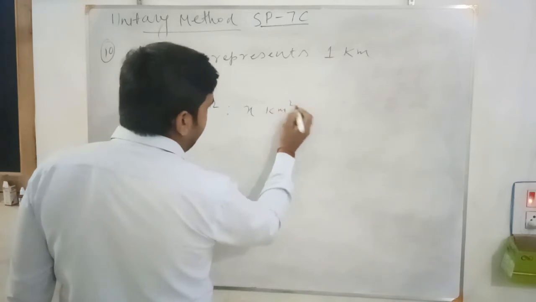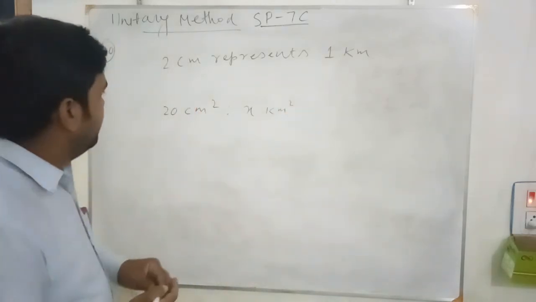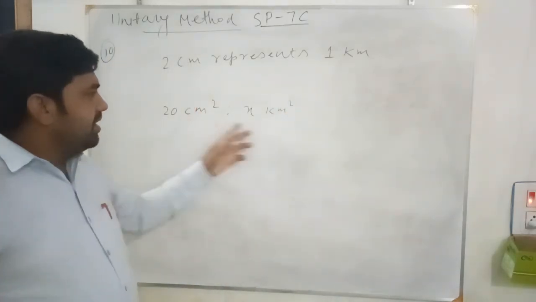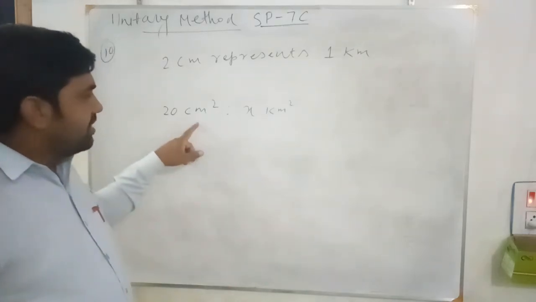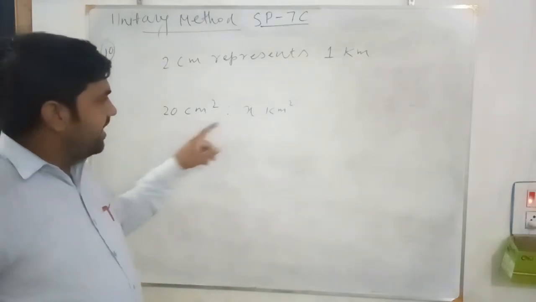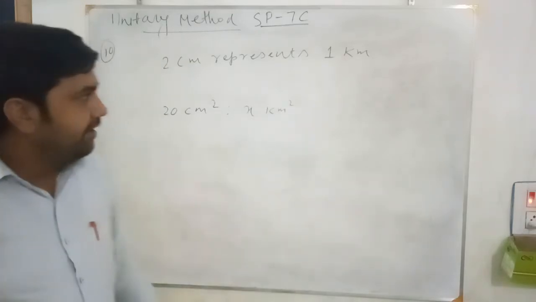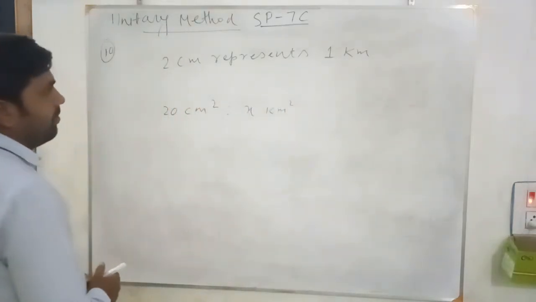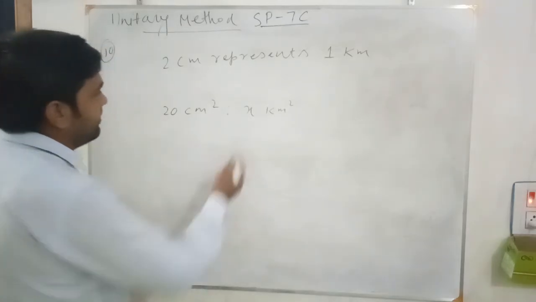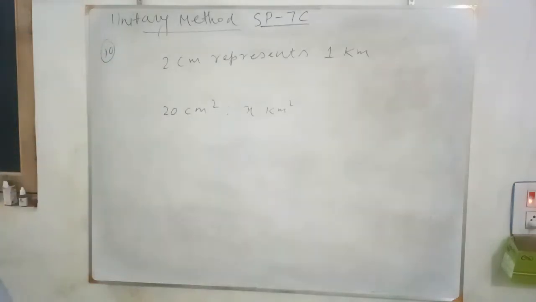Let the 20 centimeter square on the map represent x kilometer square on the land. So 2 centimeter represents 1 kilometer. So how we will find this, you see in the ratio.